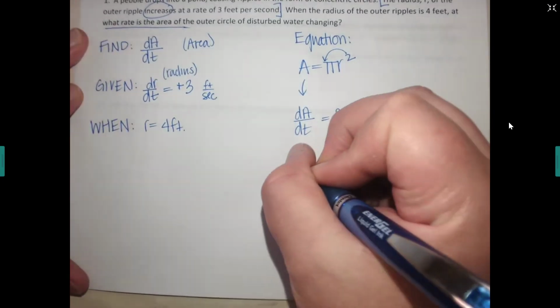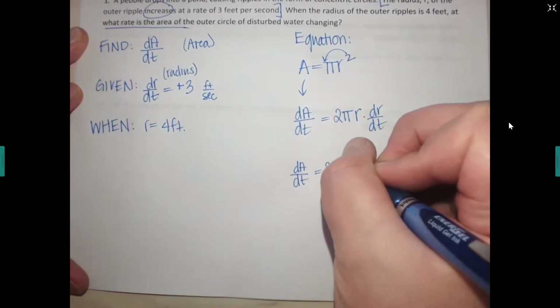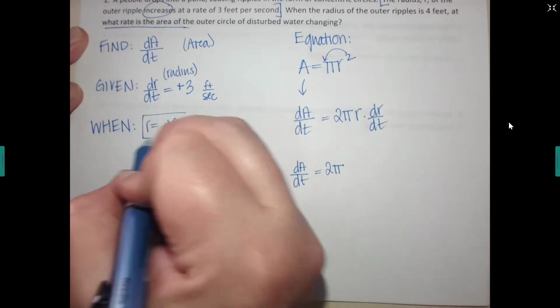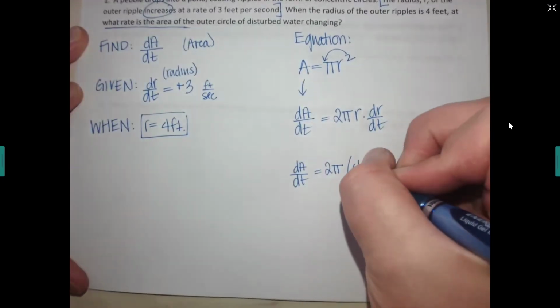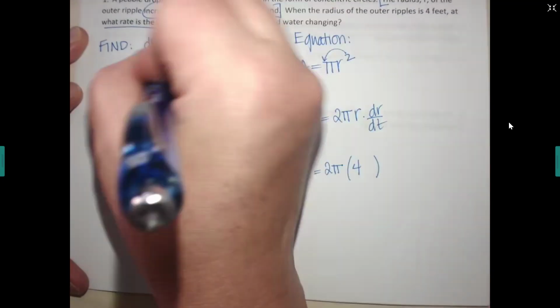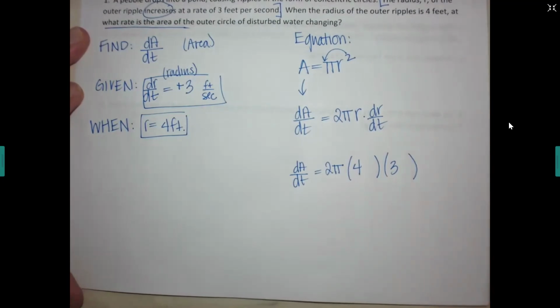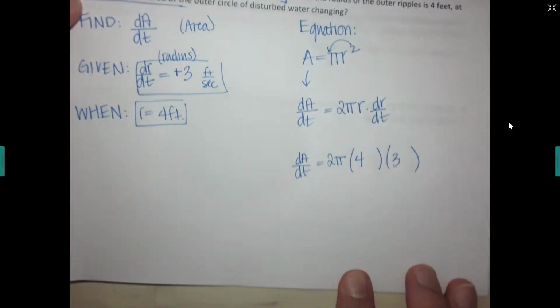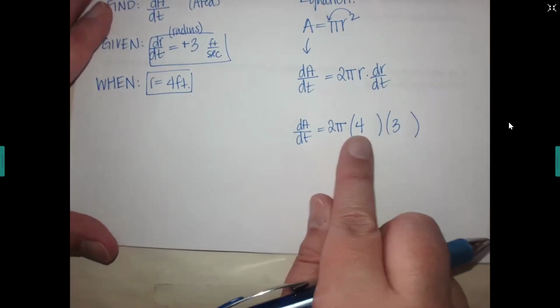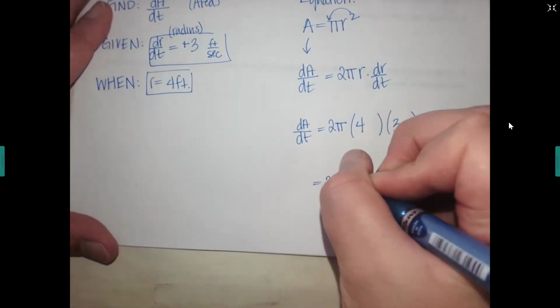So I have dA/dt equals 2 pi r, and I see that my r is a 4. And then my dr/dt is a 3. So then from there, I would say, okay, well then 2 pi times 4, that would be 8 pi. And then times 3, that's a 24 pi.